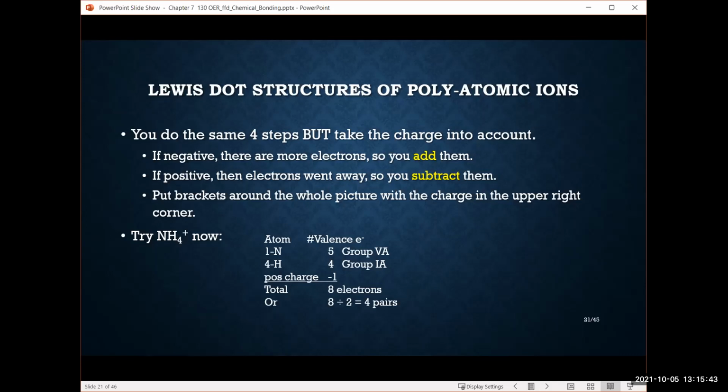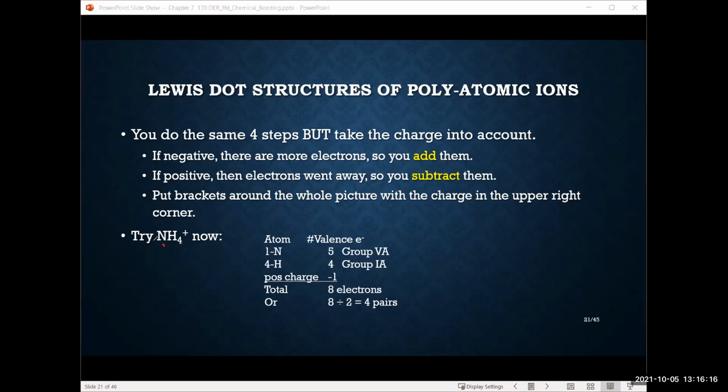And remember, I told you all the valence electrons will end up with a number which is divisible by 2. Now, we'll continue here, and we'll do a what if to help you out. So we subtract 1, so we end up with 8 valence electrons, or 4 pair.